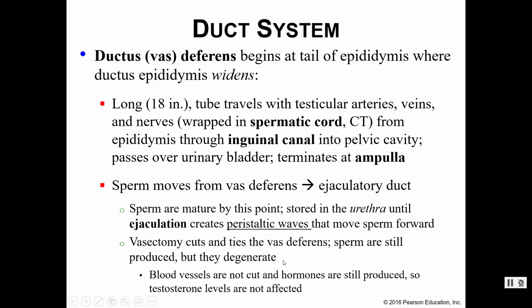They'll just degenerate. It's easier to do this than try to remove the testicles because you would still need testosterone production for other things. So it's just easier to cut the tube. The blood vessels aren't cut, and so the testosterone levels are not affected by this. It's just the sperm.